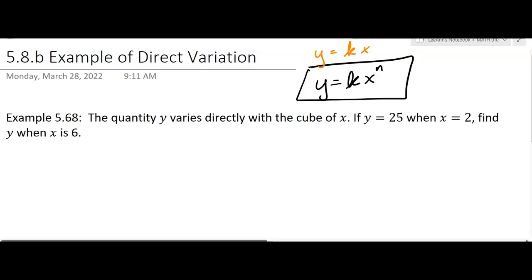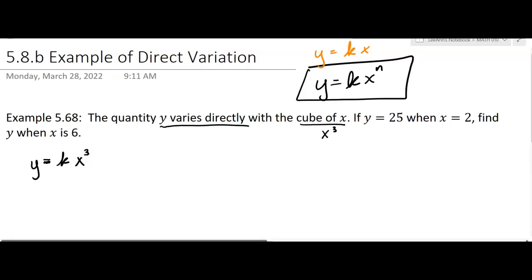So it says the quantity y varies directly, so it's direct variation, with the cube of x. So not just x, but x cubed. So you have to think of that. But the direct variation comes from that model. So it's going to be y equals k times x cubed.